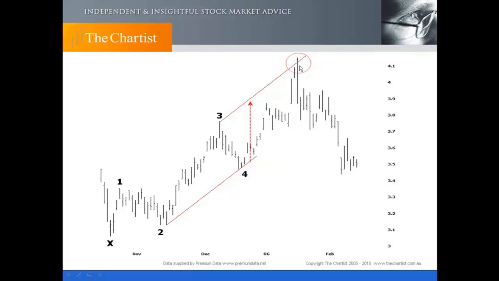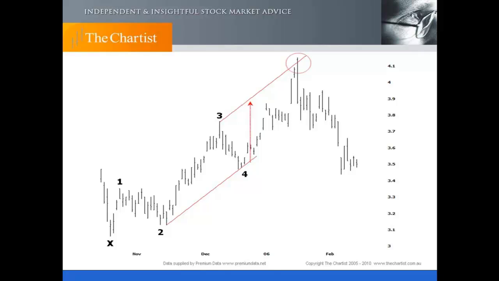Conversely, we can find out when wave 5 will terminate. So again, what we do here is we take the low of wave 2 and the low of wave 4, and we parallel it off wave 3, and when prices tag that upper channel boundary, we've probably, more often than not, got a wave 5 in place. Now that's obviously a perfect kind of channeling pattern.